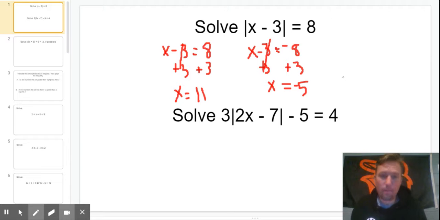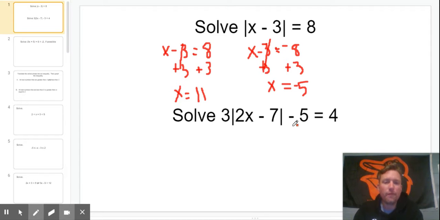Okay? Now, another type of absolute value equation that we're going to look at is a little bit more complex. Here, we have 3 times the absolute value of 2x minus 7, minus 5 equals 4. Normally, if you had parentheses, you would take care of the parentheses right away by using the distributive property.